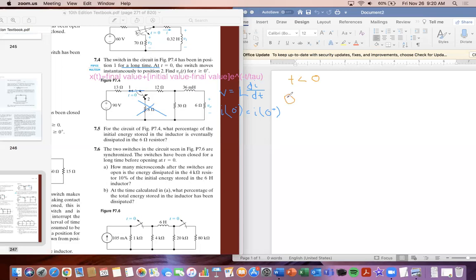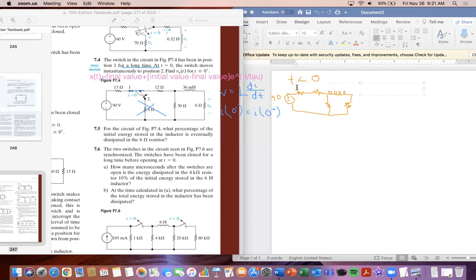We have our voltage source here. So voltage source is 90 volts. And then we have a 13 ohm resistor here. Then we have this 12, and then we have our inductor. And then we have another resistor here, another resistor, and then it connects back to this side. So let me label those.